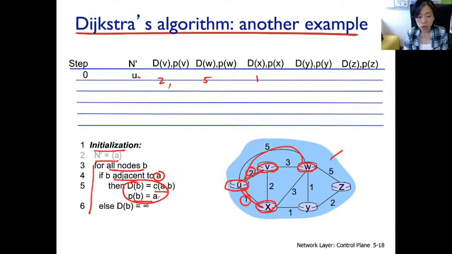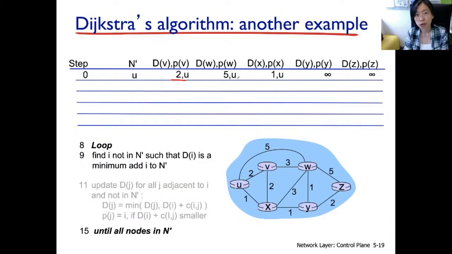The predecessor is always the source, therefore U, U, and U. For these two nodes who are not adjacent to U, we write infinite, okay, which is the else here. Set the distance to those nodes infinite. Now to be precise, the predecessor for those nodes will be then also nil. So 2u, 5u, 1u, infinite, infinite. So therefore, to fill in the first row, step 0: 2u, 5u, 1u, infinite, infinite.